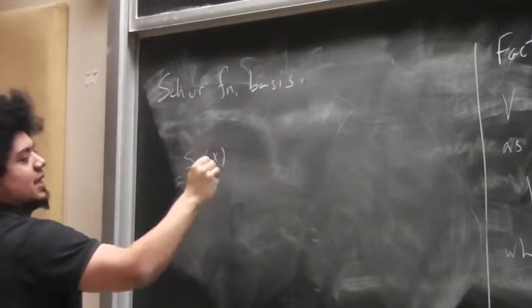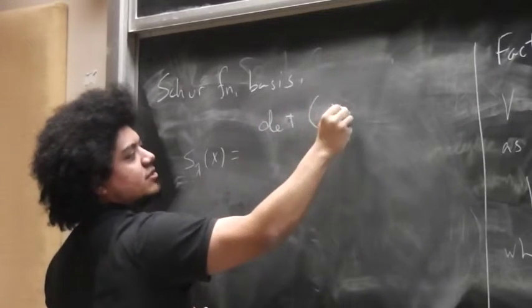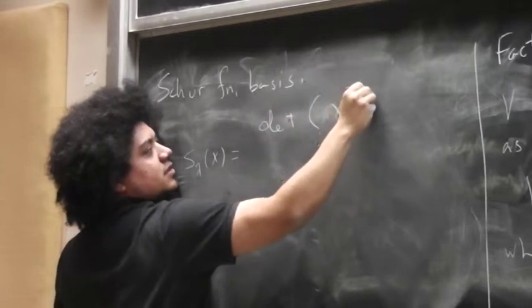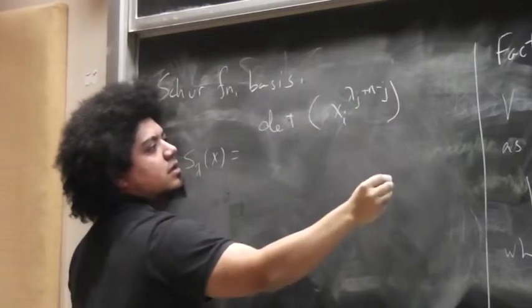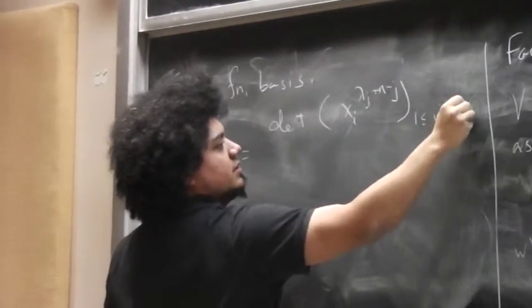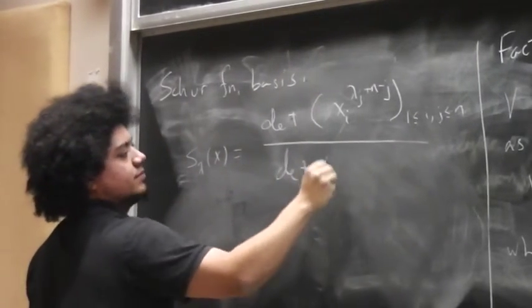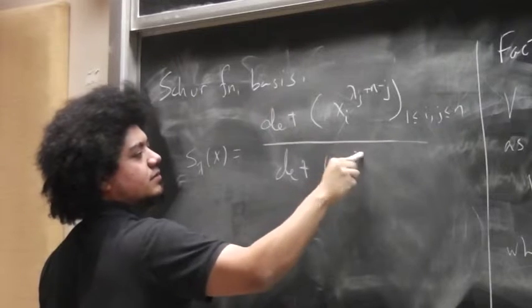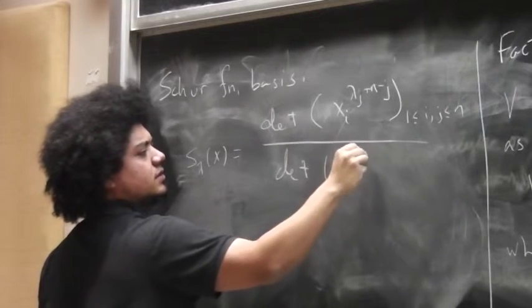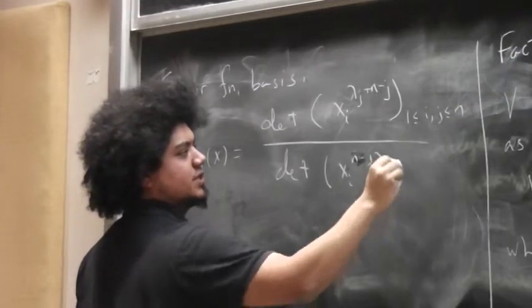S lambda of x is equal to a determinant, given in terms of determinants, over the determinant of essentially the same thing with no lambda minus j.